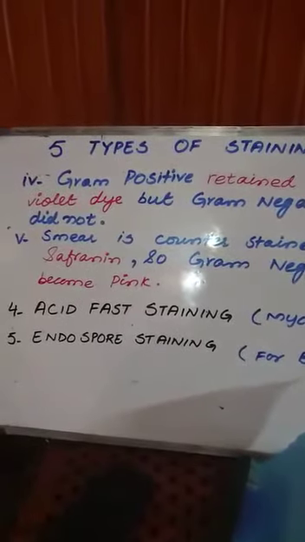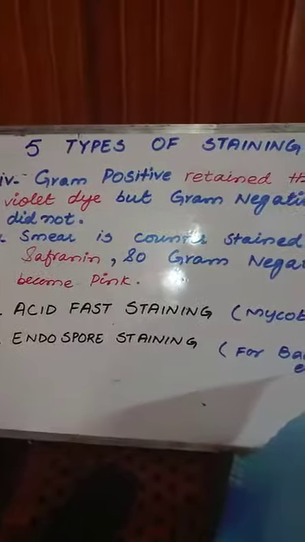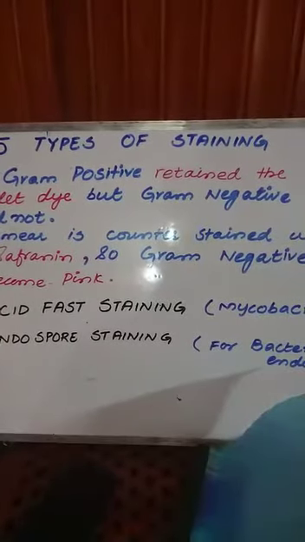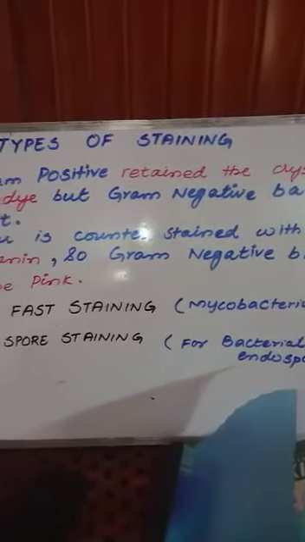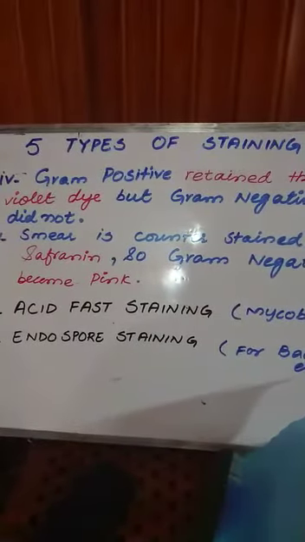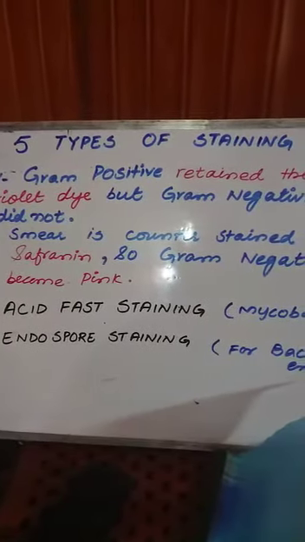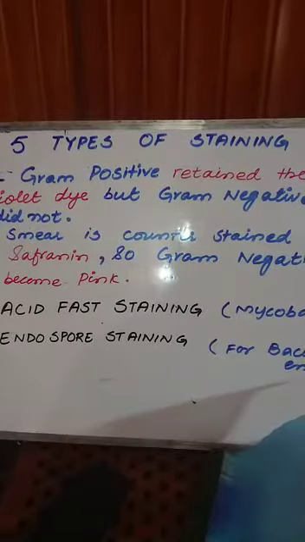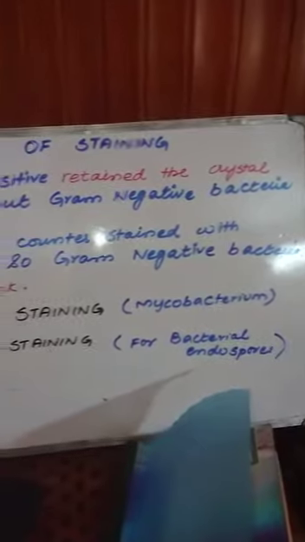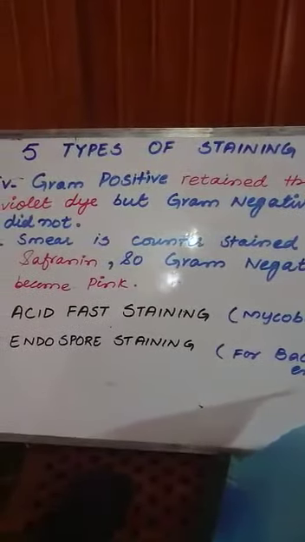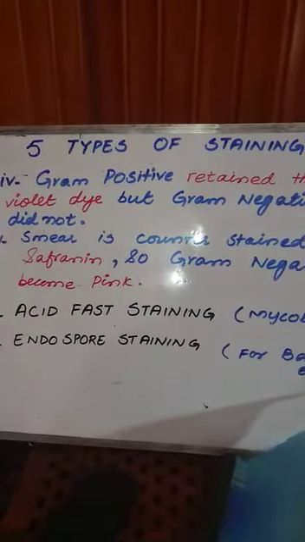In another step, the smear is counterstained with another dye known as safranin, which imparts a pink color, not red but a bit pink. So gram-negative bacteria were stained pink and retained the pink dye.